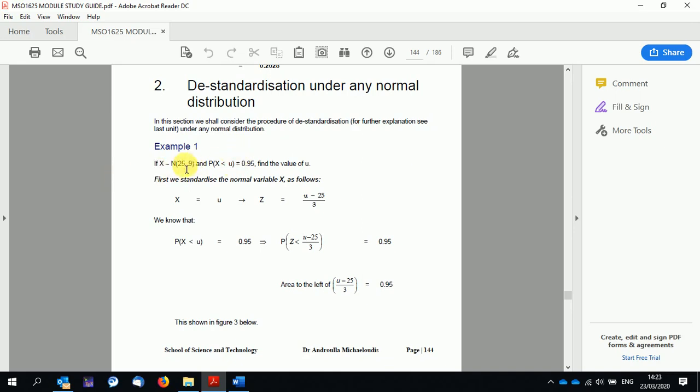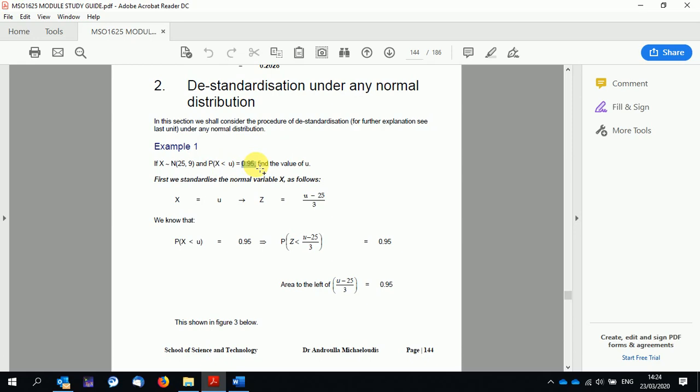So for me to answer this question, probability x less than u given 0.95, and I need to find the value of u here. Now let's think a little bit about where the value of u would lie, and u would be on the right hand side of 0. Why? Because we have a less than sign which is shaded on the left, and the value here is more than 0.5.